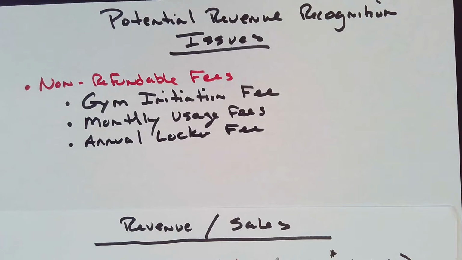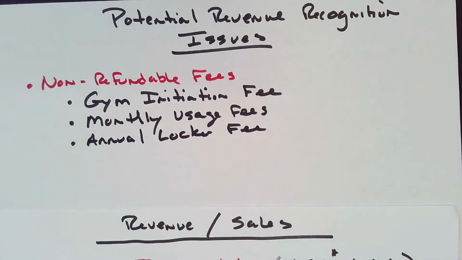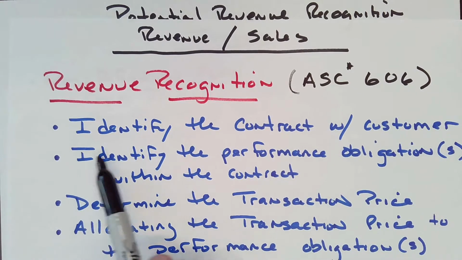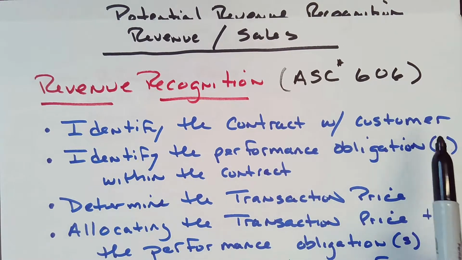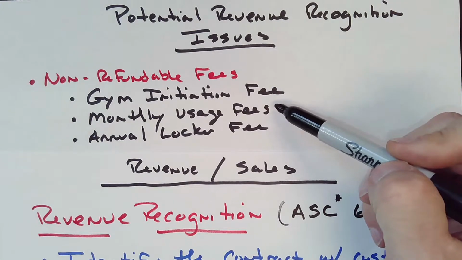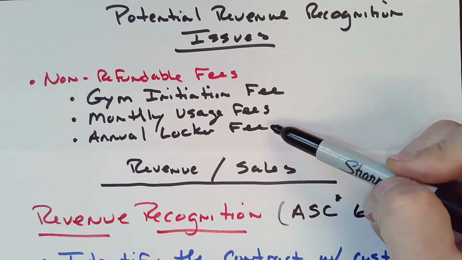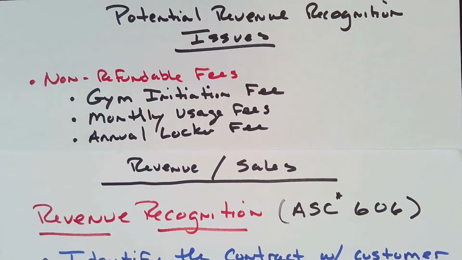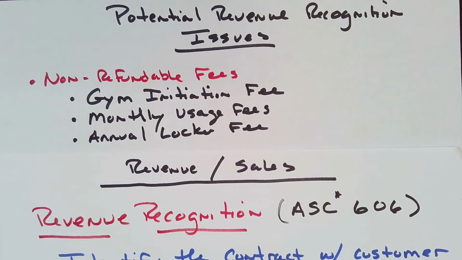So the contract is I go in, sign, give them this non-refundable fee, pledge to pay my monthly usage fees, and I buy a locker. That might be the contract for the gym.